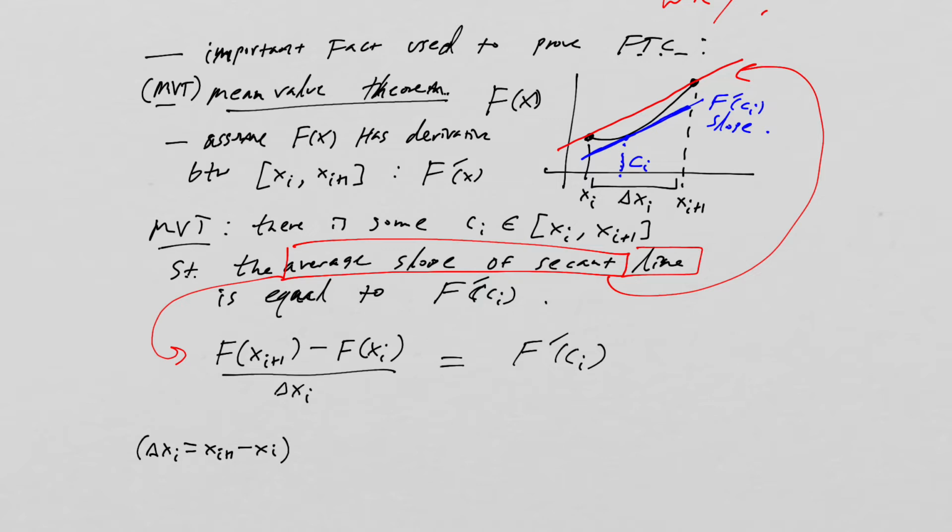So those two things are identical, and this fact will be very important. Remember, the theorem says there is some ci. It doesn't say exactly where it is, just that it has to be in there somewhere. With that fact fresh in our heads, we can now proceed with proving the fundamental theorem.